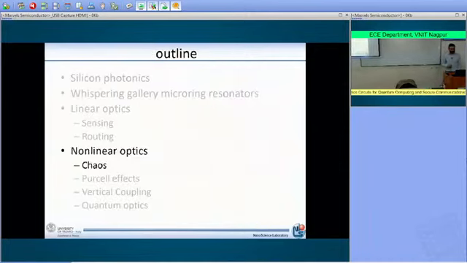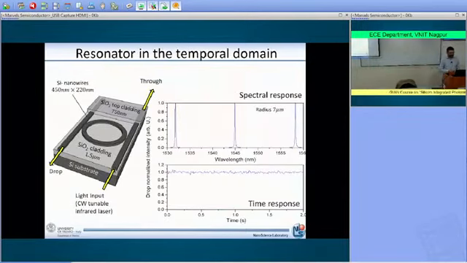Now I want to show you and discuss with you another example of the use of this microring resonator. The example is the use of this microring resonator in a nonlinear regime, where they show a situation that is similar to a chaotic system. In this case, what we are interested in is the temporal response of the microring resonator.